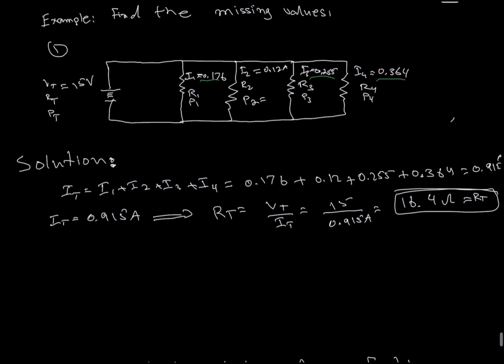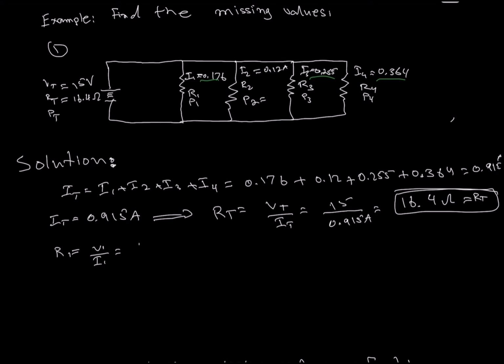Now RT is 16.4 ohm. We'll find R1. R1 will be equal to V1 over I1.